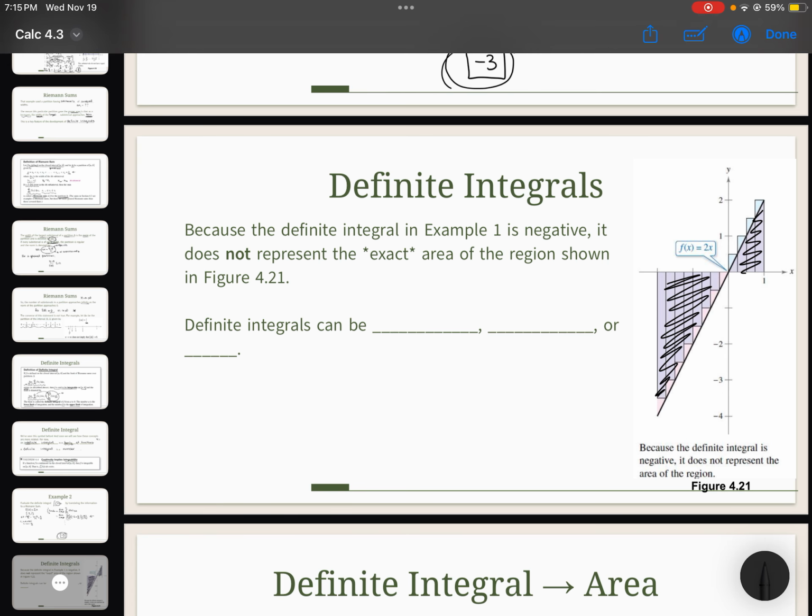So I can treat any area that is under my x-axis, that's going to come out to give you a negative number. When you sum this small positive area with this larger negative, it's going to give you a net negative. So that means definite integrals can be positive, they can be negative, or what if you have the same amount of area above the x-axis as below? They could also just be 0.